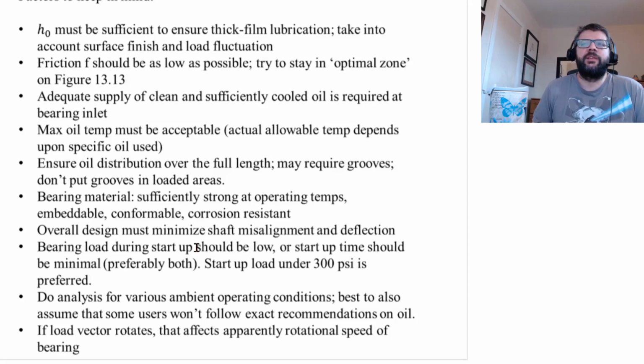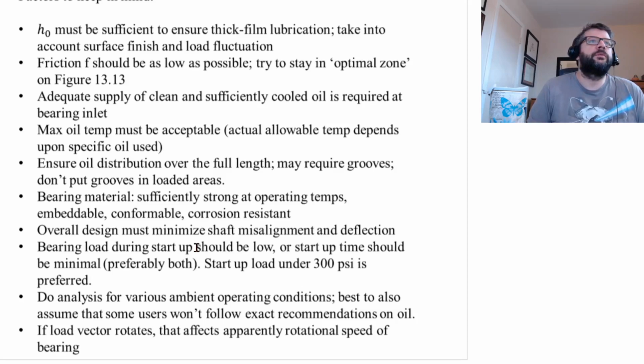If you can't, and you're starting and stopping a lot and your startup load needs to be high, then you may want to investigate other options.